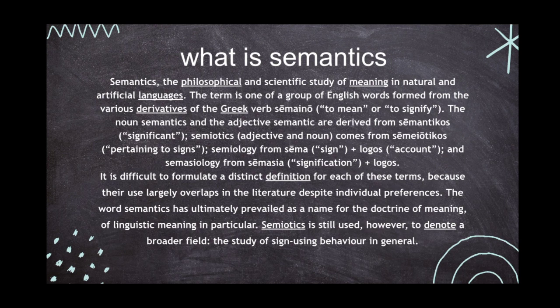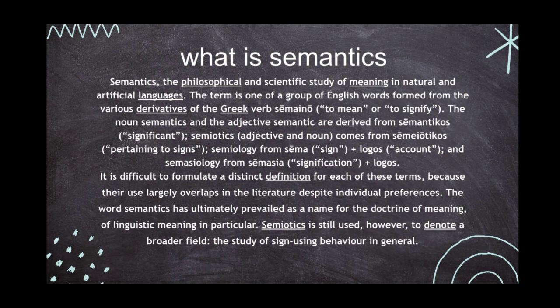The noun semantics and the adjective semantic are derived from semantikos, significant. Semiotics, adjective and noun, comes from semeiotikos, pertaining to signs. Semiology from sema, sign, plus logos, account. And semasiology from semasia, signification, plus logos.